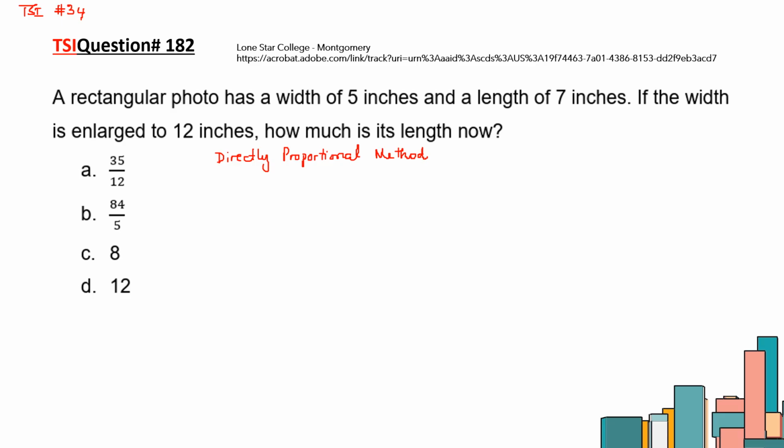The directly proportional method says if x increases, then y increases; if x decreases, then y decreases. One variable increasing means the other increases by the same factor.